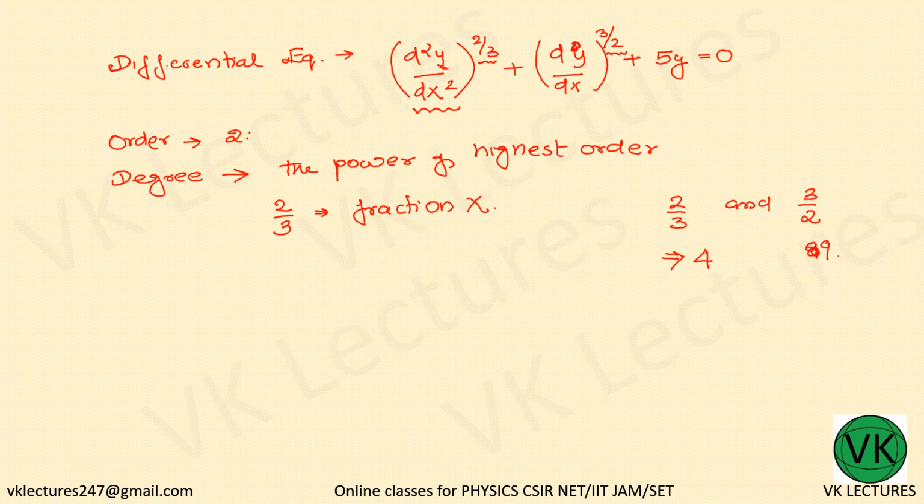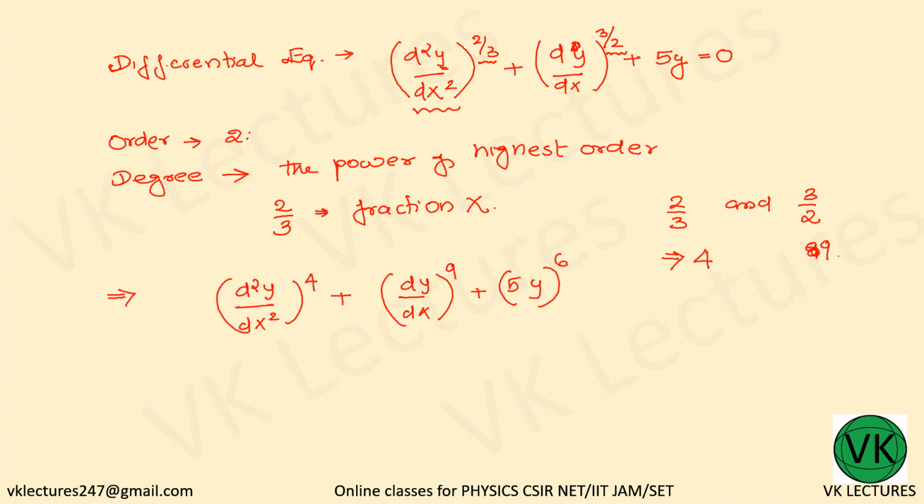All right, so our equation changes to: d square y by dx square whole to the power 4 plus dy by dx whole to the power 9 plus 5y whole to the power 6, since we are multiplying by 6, equal to 0.